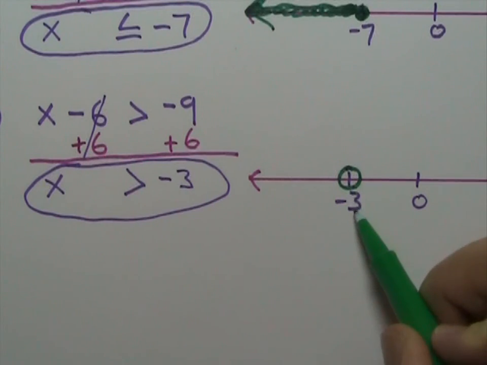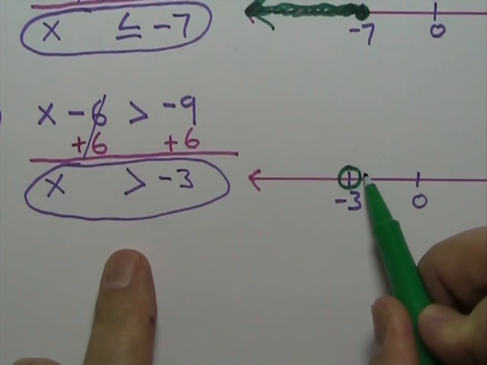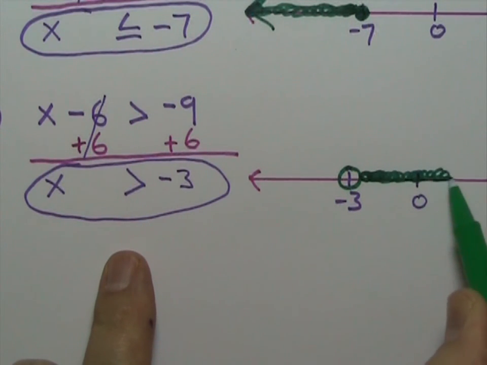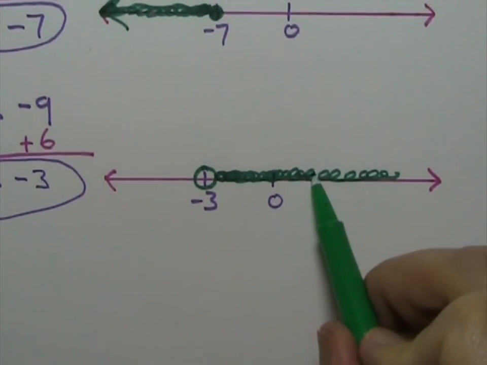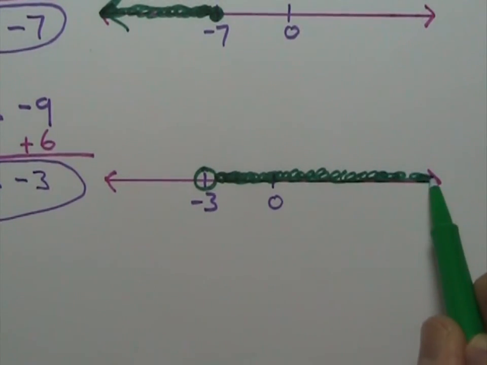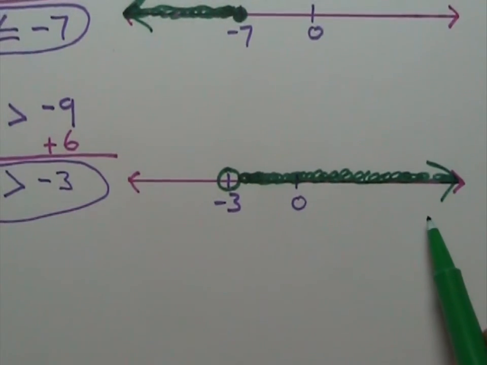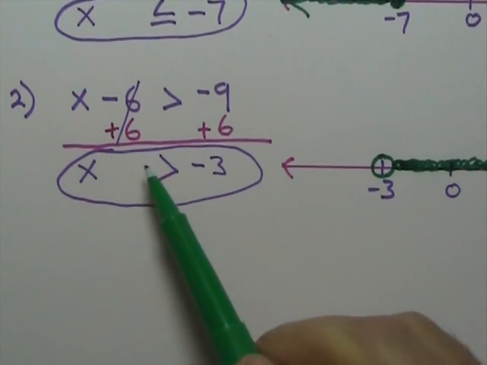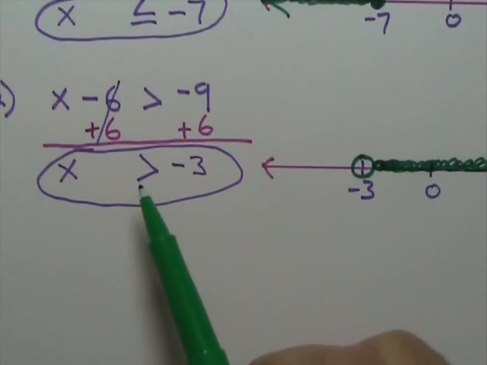So the answer can't be -3, but anything more than -3. So that would be 0, 1, 2, all those. Anything more than -3 will work. So here's a solution, and then here's a visual representation of that solution.